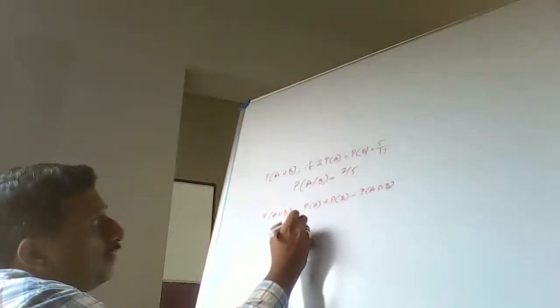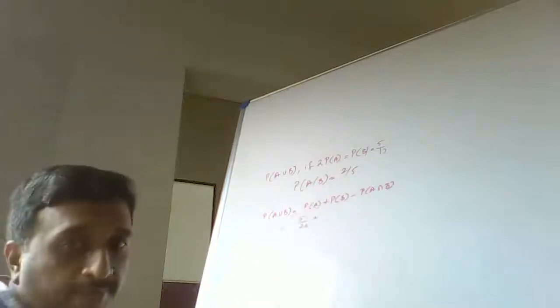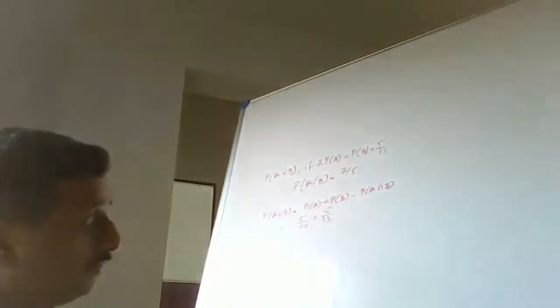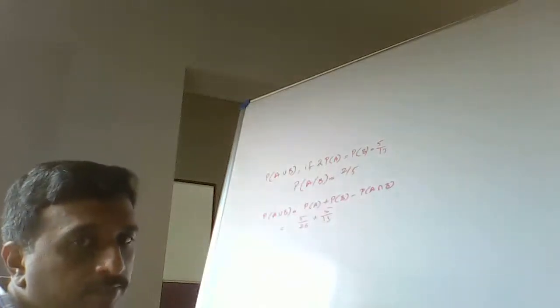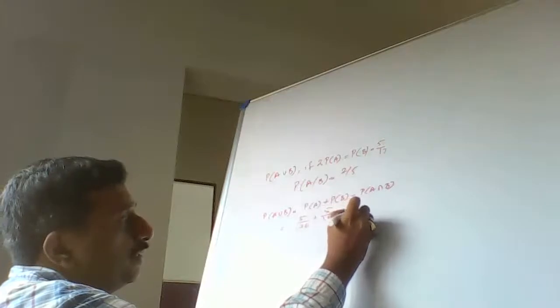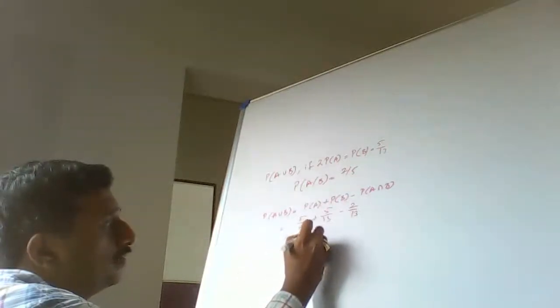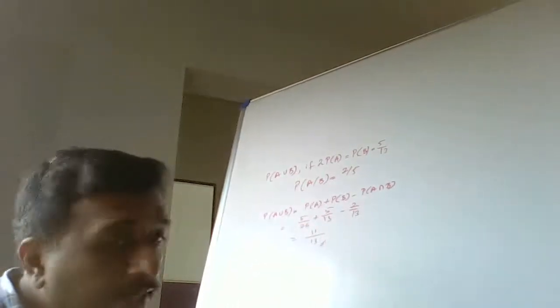P of A is known, which is 5 by 26, and P of B you know as 5 by 13, and P of A intersection B we have already found, that is minus 2 by 13. When you compute this entirely, you get 11 by 13. So that is P of A union B.